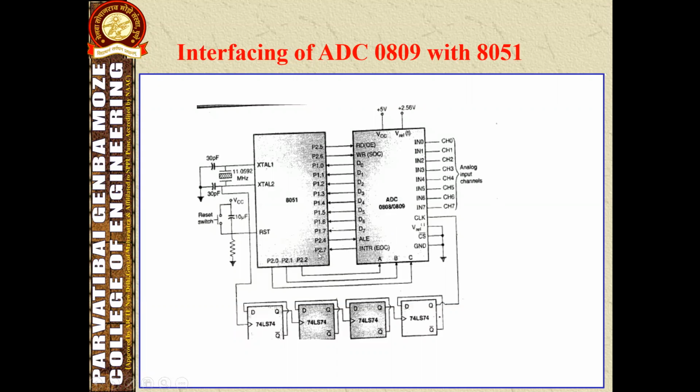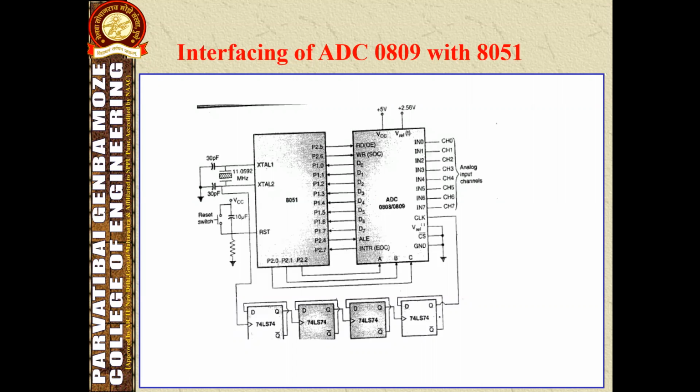The 8051 pins P2.6 and P2.7 are connected to the SOC and EOC pins of this ADC. After the conversion is over, the 8-bit digital data is present on D0 to D7, and it is accepted through port 1.